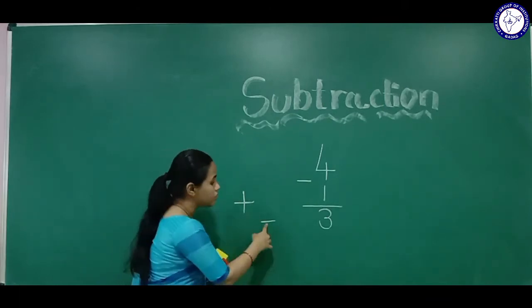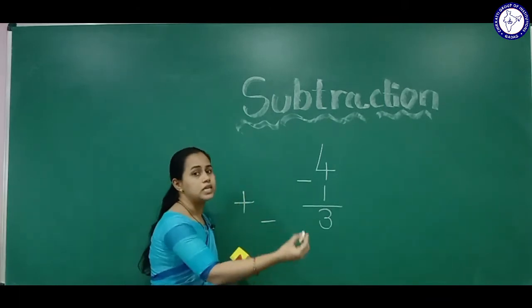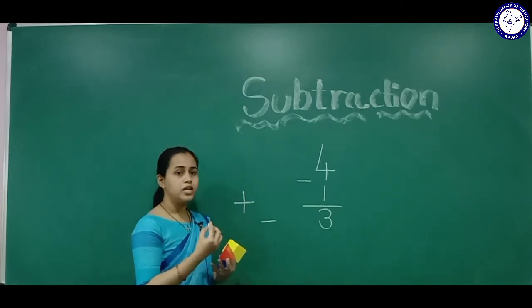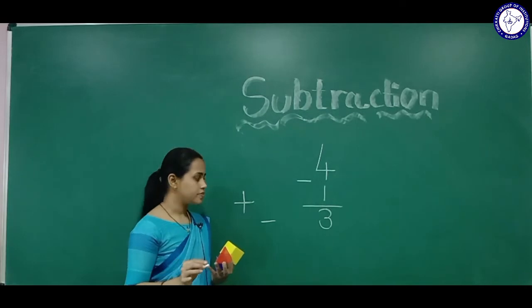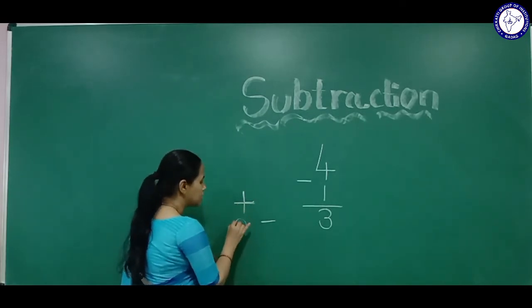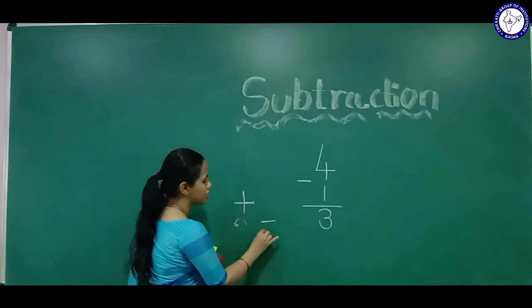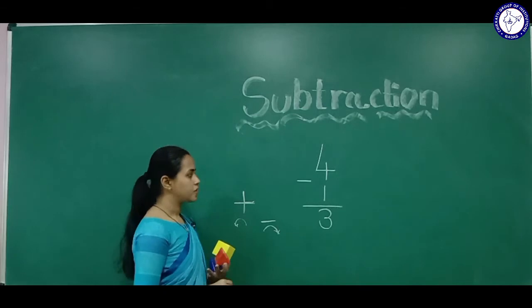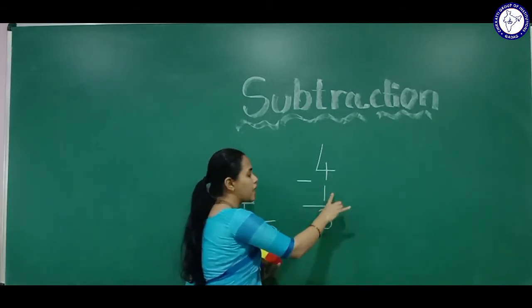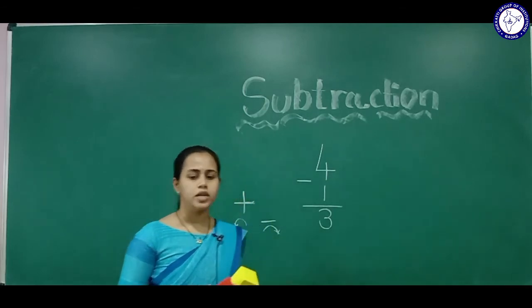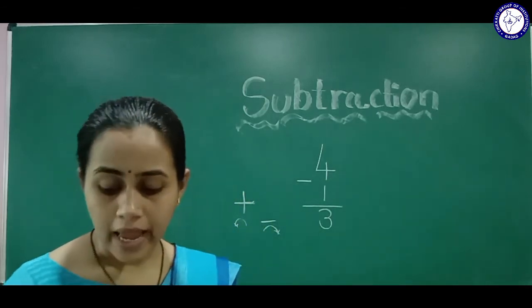Here you should take out, you should give to others. Addition means take in. Subtraction means give out. So 4 minus 1 is 3.